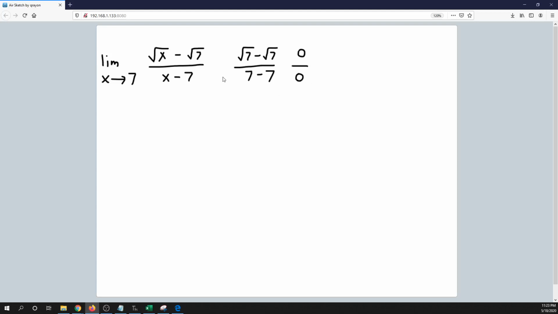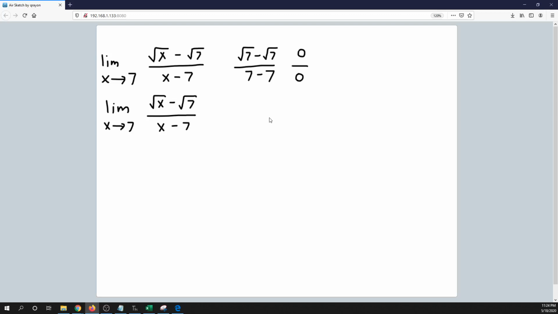All right, we have to keep working the limit problem until we figure out how to get something else as the answer. So in this type of algebraic problem, what we're going to do is what's called rationalizing. Here the square roots are on the top of the function.